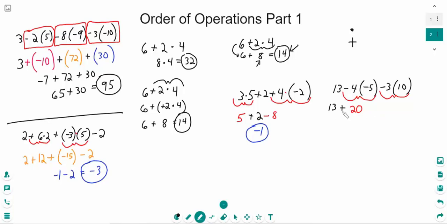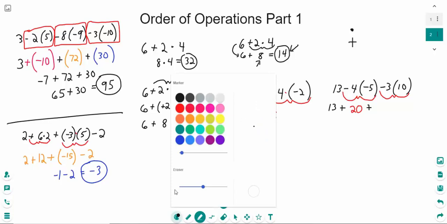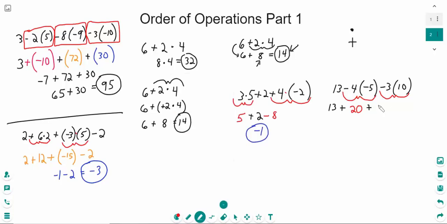So 13 plus 20. Now I'm going to add the next product, which is this negative 3 and 10. So what's negative 3 times 10? Hopefully you said negative 30. Now I might just throw that in parentheses so I don't like seeing two signs right next to each other. So we'll throw that in parentheses, negative 30.